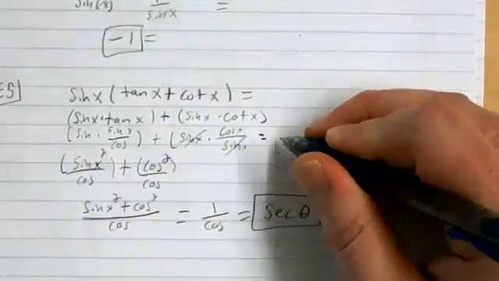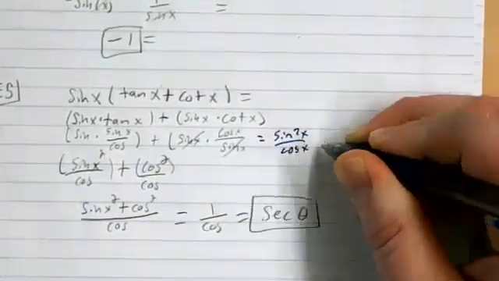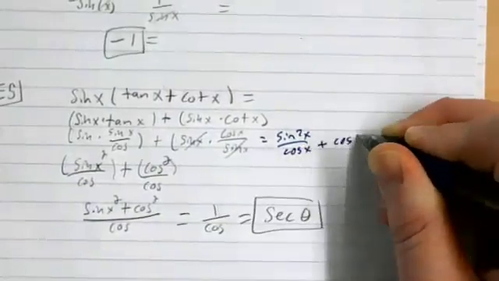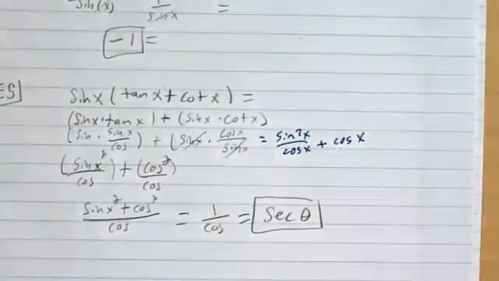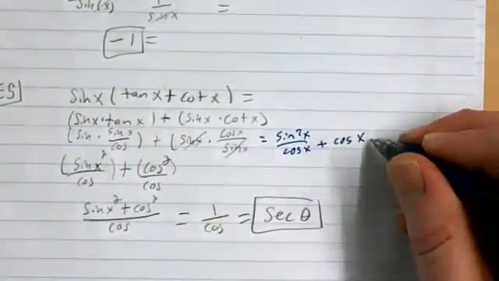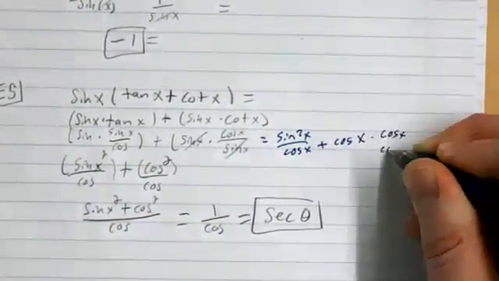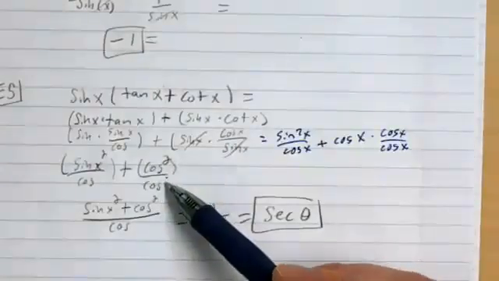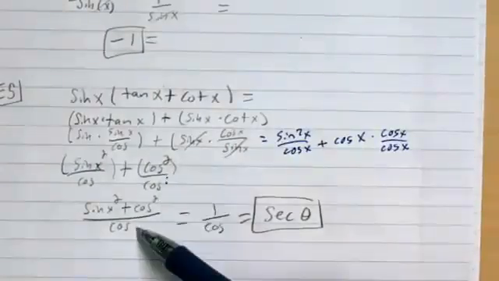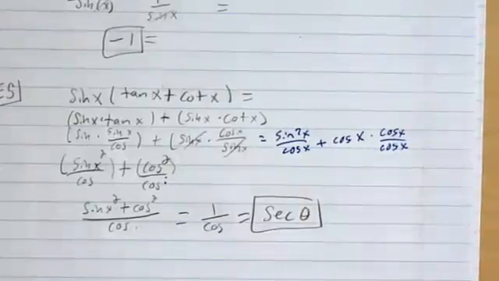What you ended up with was sine squared x over cosine x plus cosine x, right? And then it looks like you multiplied this one by a cosine over cosine. And then that got you to here, which got you a common denominator. So you were able to put those together with just a cosine on the bottom. You had 1 over cosine. Yeah, that worked out. Pretty similar number of steps.